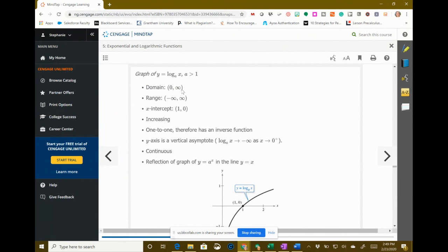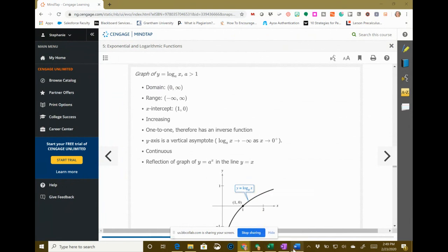But if you shift it left or right, your domain also shifts left or right. If there's a transformation where you're shifting left by 2, your domain is now going to be -2 to infinity, because you're shifting it left 2 places. If you shift to the right by, say, 5, then your domain would be 5 to infinity because you've moved everything over by 5.